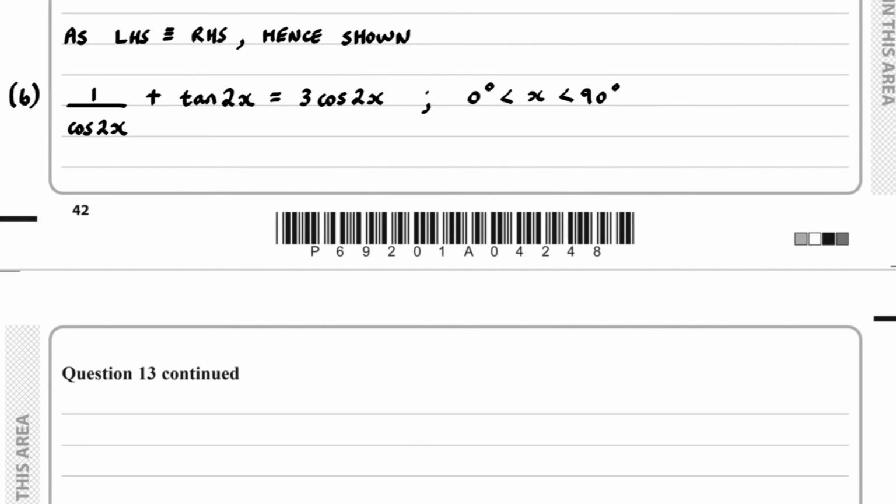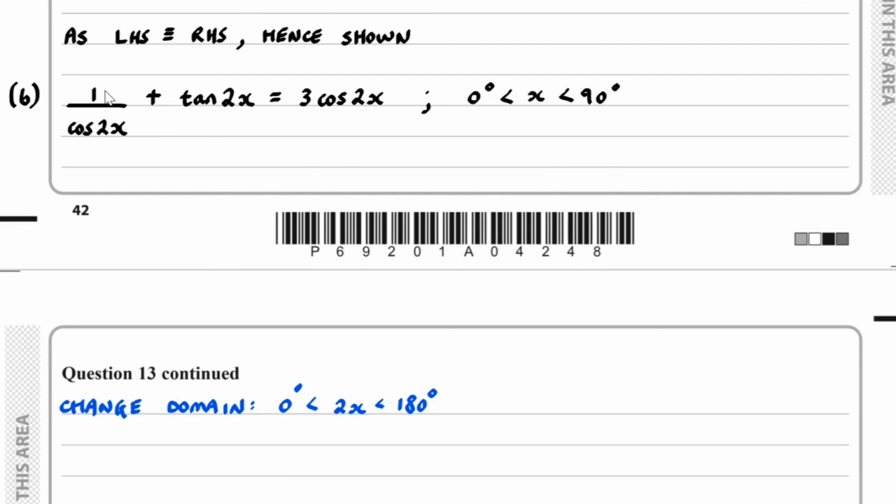Now, first thing we need to do is change the domain. And if I change the domain, here I've got an x, I want a 2x. 0 multiplied by 2 is 0. 90 multiplied by 2 is 180. So I need to solve initially for values in between 0 and 180.